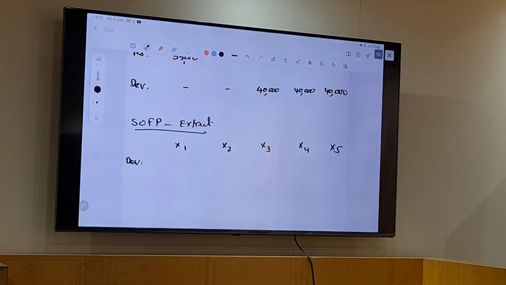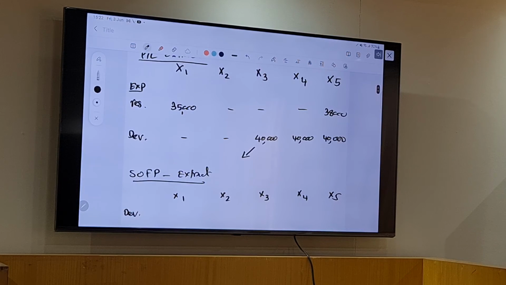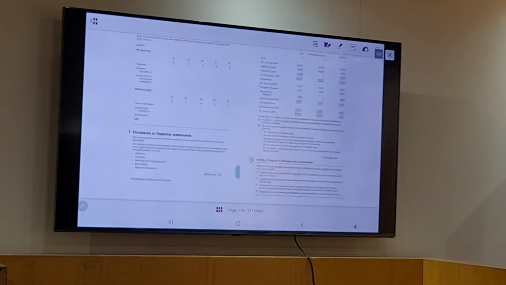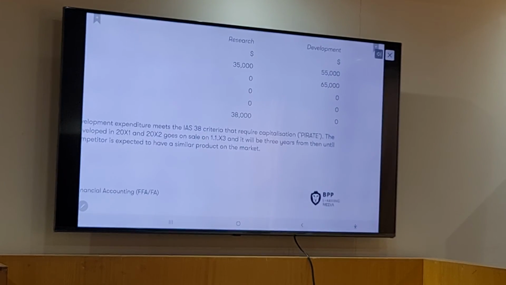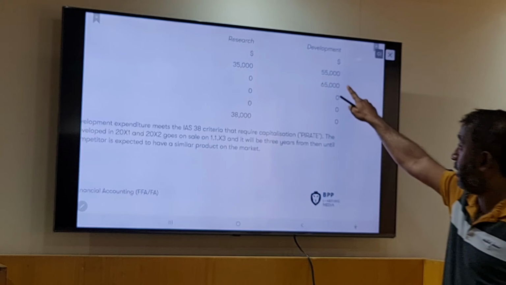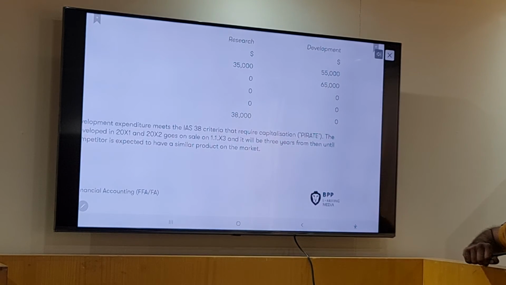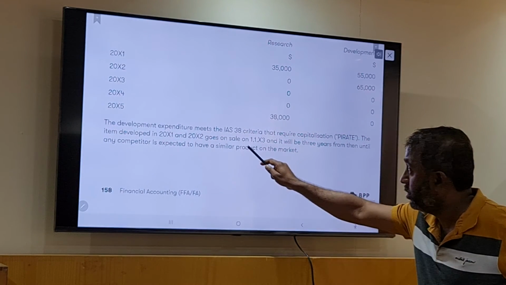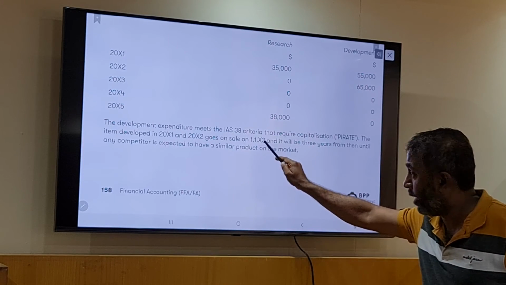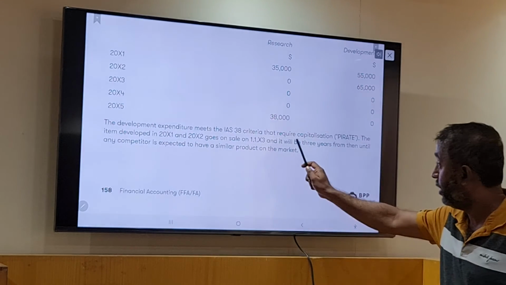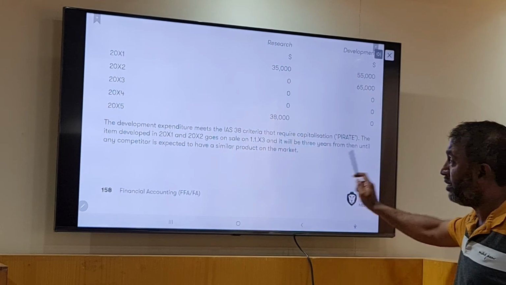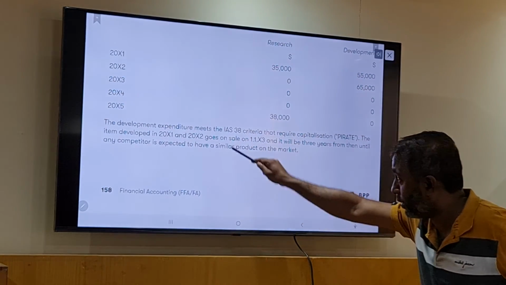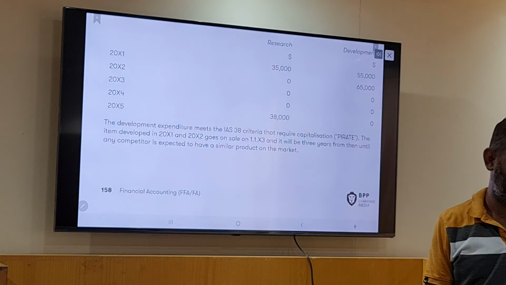From what is 40, 40? What is the total of these two? 120. And they are saying here that it goes on sale on 1/1/X3, and it will be 3 years from then until any competitor is expected to have a similar product on the market.